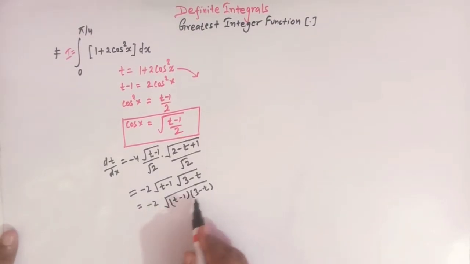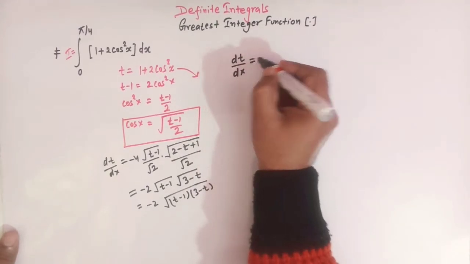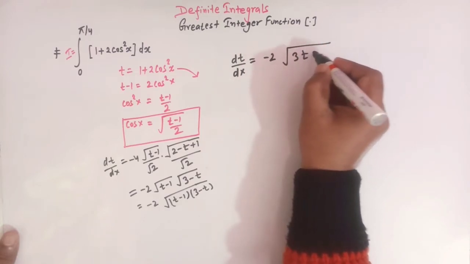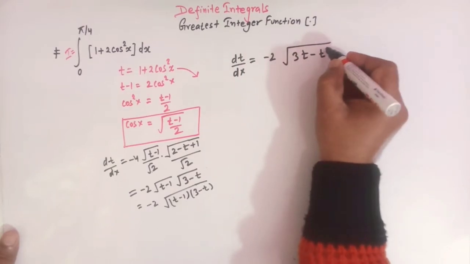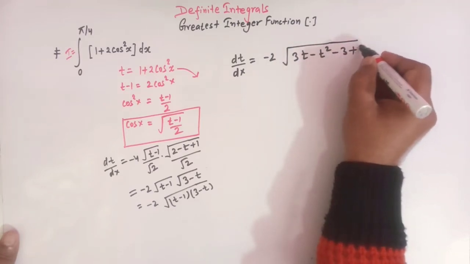Now let us multiply these two monomials. So we have dt over dx is equal to minus 2 times the square root of 3t minus t square minus 3 plus t.